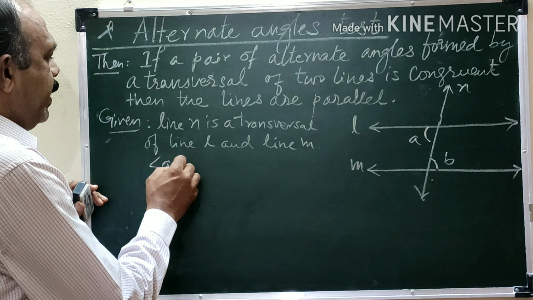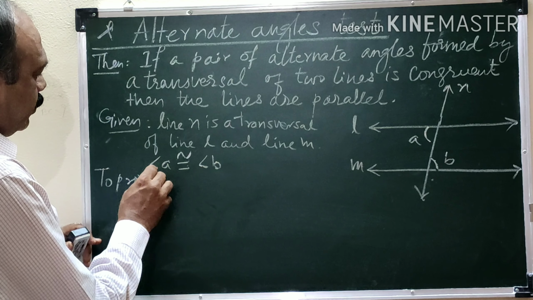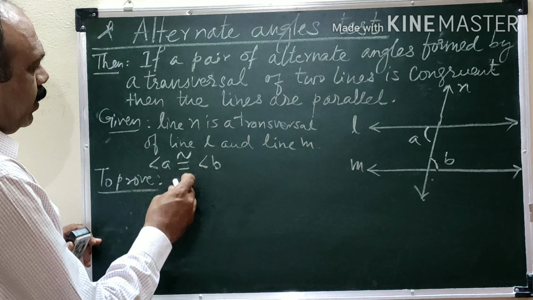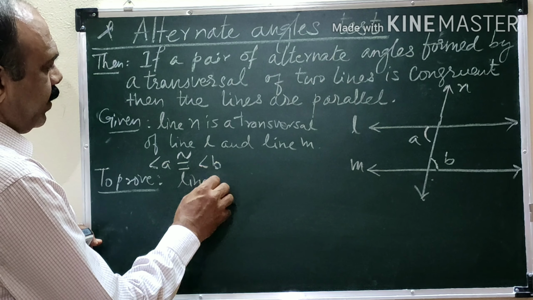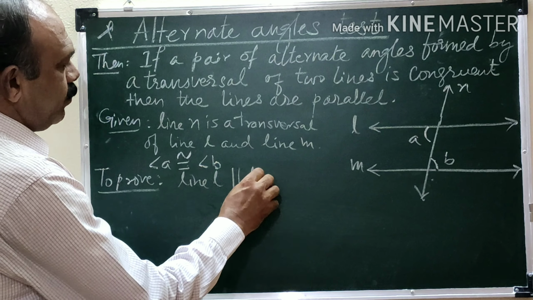So we will write angle A and angle B are congruent. What do we have to prove here? Line L is parallel to line M. This we have to prove here.